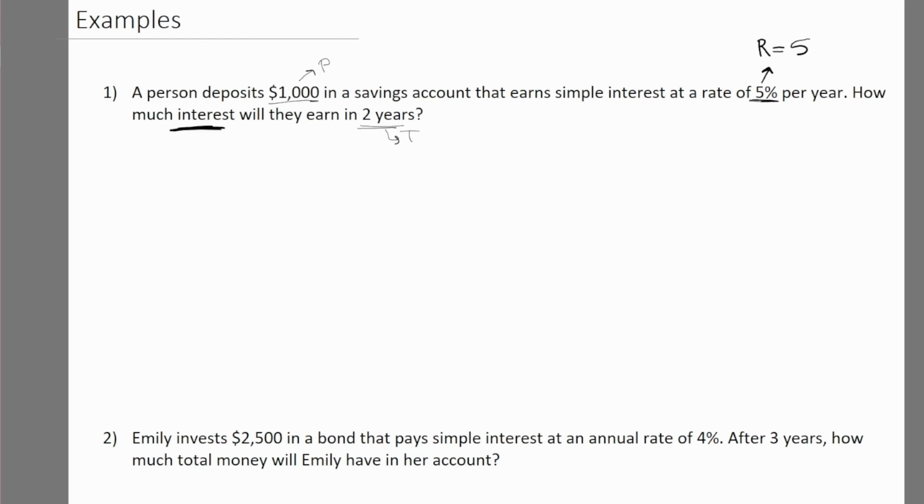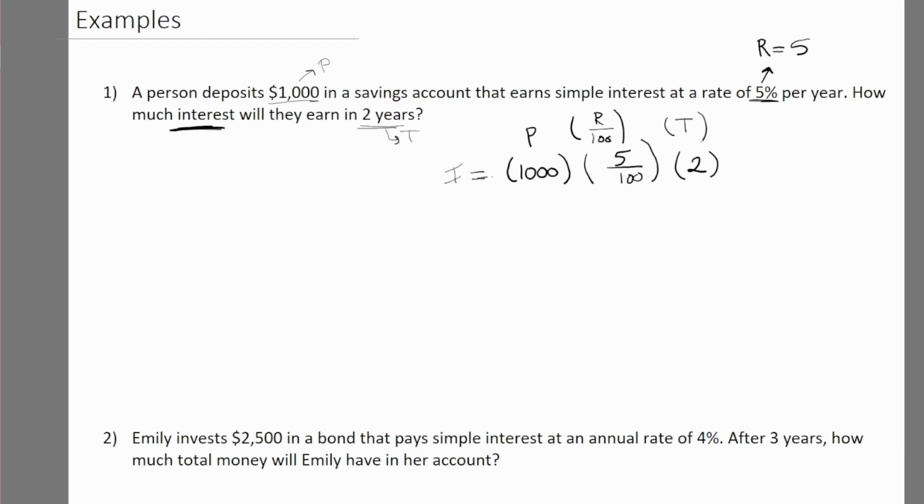Okay, so we're just going to use the rule. So I is equal to 1,000. This is P, multiplied by 5 over 100, because the rule says R over 100, and multiplied by T, which is 2.